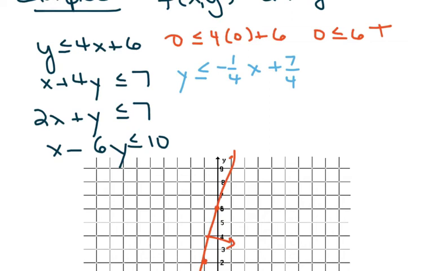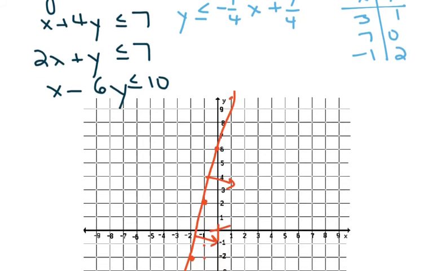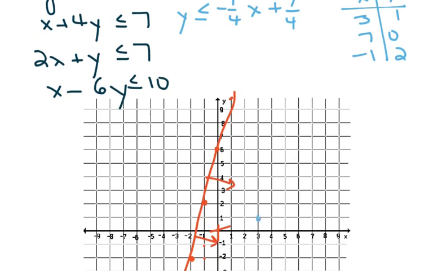So what I did was I plugged this in the calculator, and then I used the table function to find integer ordered pairs that I could graph. So for example, I found (3, 1), (7, 0). I'll go back the other way. I got (-1, 2). So those are some good ordered pairs on the line. And again, I just used the graphing calculator. So let's see, (3, 1) is here.